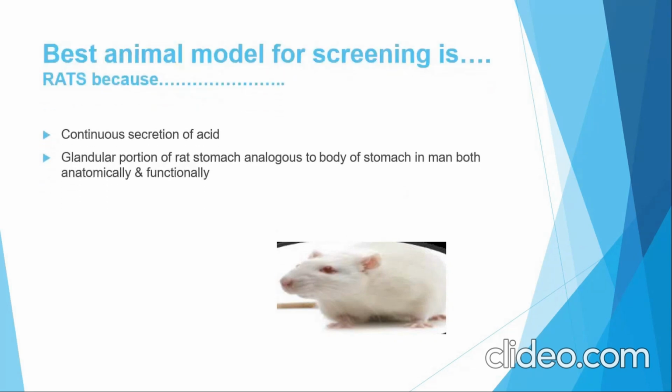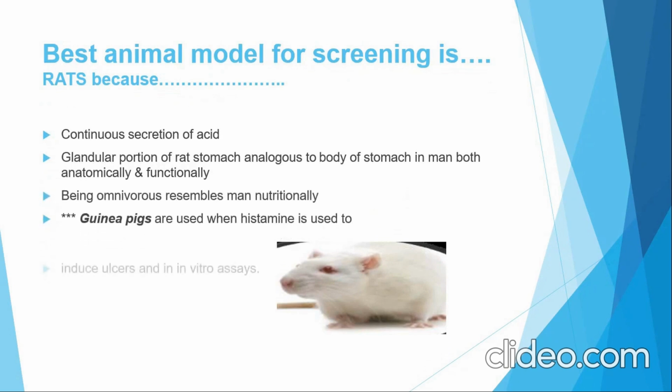The suitable animal model for the screening of anti-ulcer activity is the rat, because of the continuous secretion of acid. The glandular portion of the rat stomach is analogous to the body of the stomach in man, both anatomically as well as functionally.